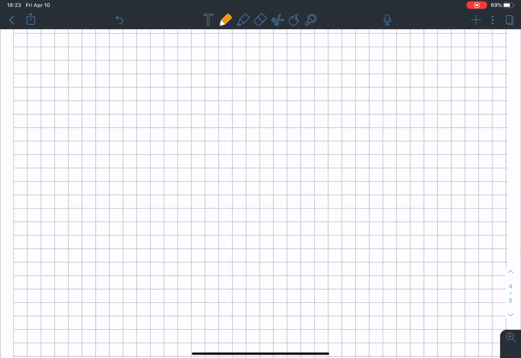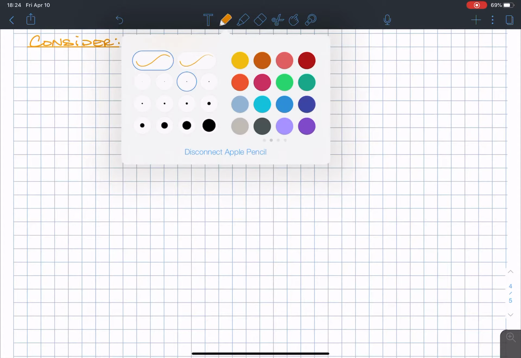Okay, so continuing with section 7.2, let's consider, once again, triangle ABC. Triangle ABC, not a right triangle.